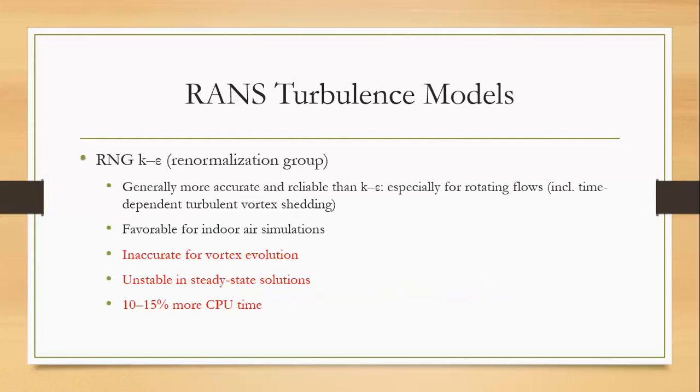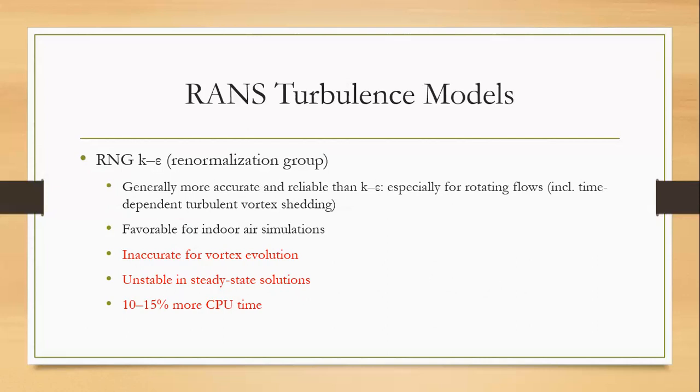Yeah, so RNG K-epsilon, this is another variation of the K-epsilon. RNG means renormalization group. You don't need to be concerned about that acronym for now. It is generally more accurate and reliable than standard K-epsilon, and it is specially made for rotating flows.